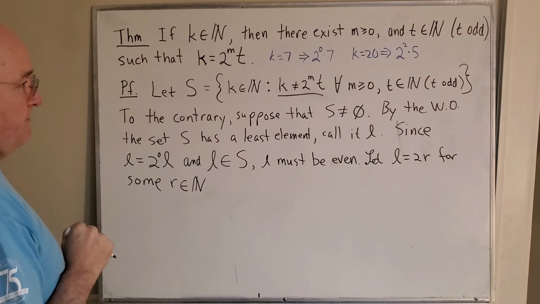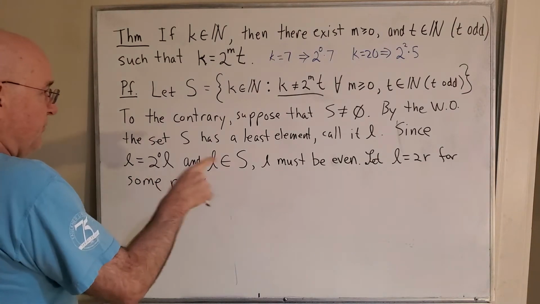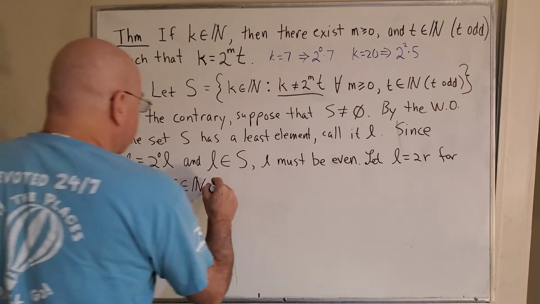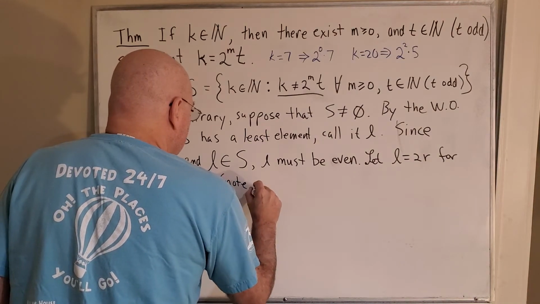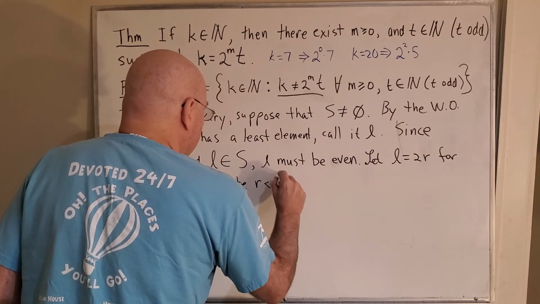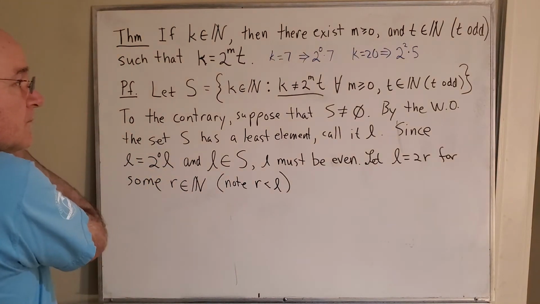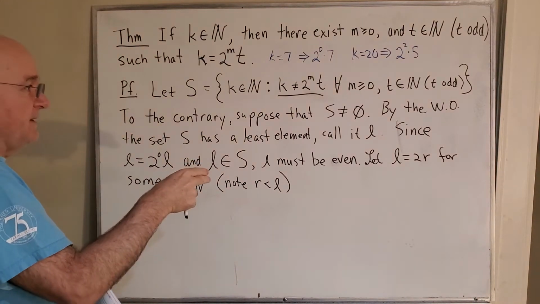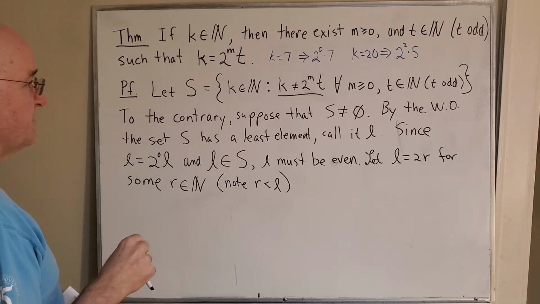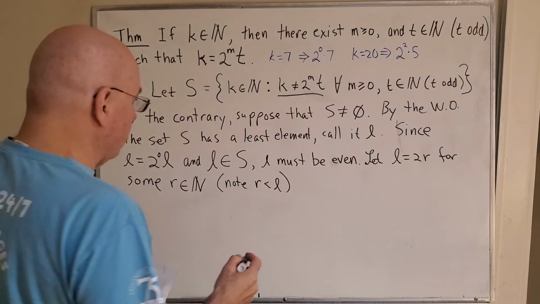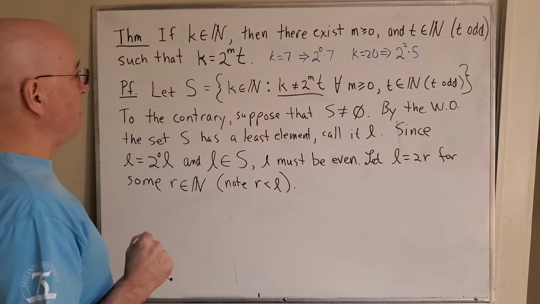Okay, so it's even, so it's equal to 2R, and I'm just going to make a note: R is less than L, because L is a positive number, and it's equal to 2 times R. So R is obviously less than L. So what does that tell us about the number R?